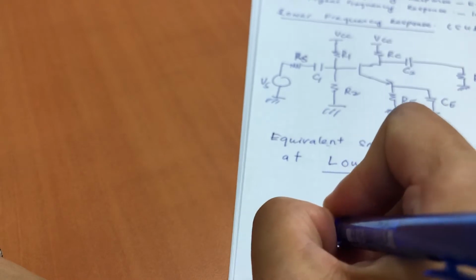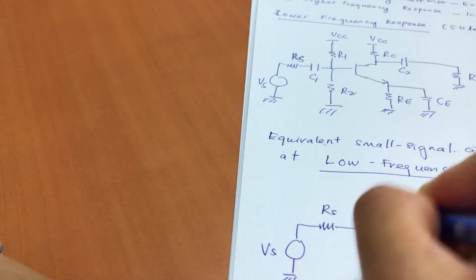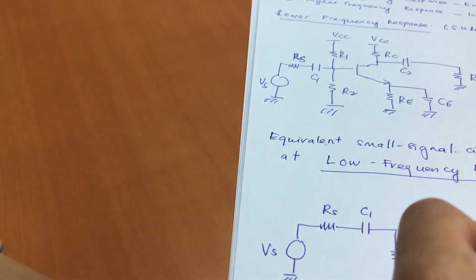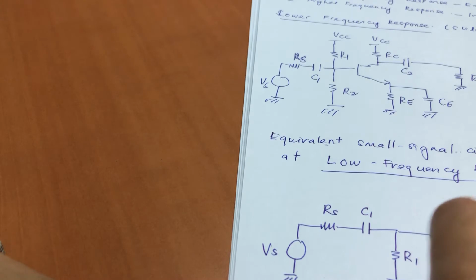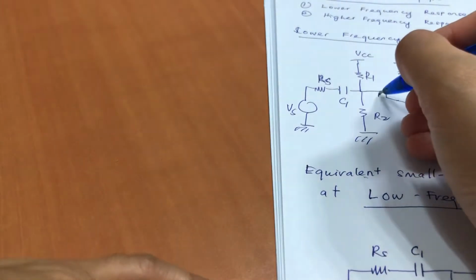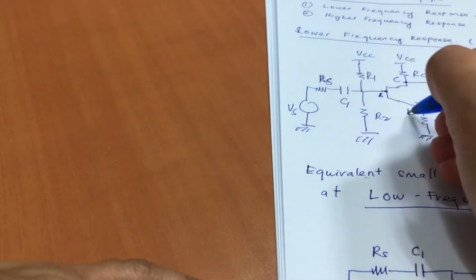So this is VS, RS, this is capacitor C1, and then you have R1 and R2. This is your base, this is your collector, this is your emitter.